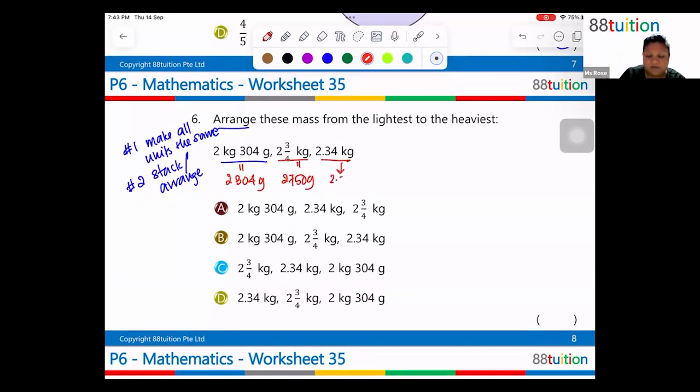And this is 2.34 kg, which will be 2,340 grams. Okay, so I have done my conversion. Now is to stack. I have 2,304, 2,705, 2,750, and 2,340.